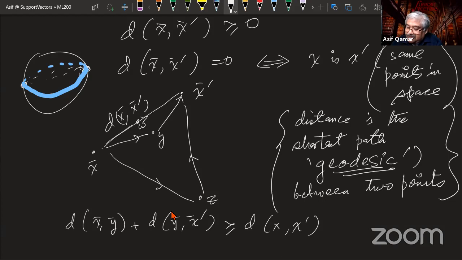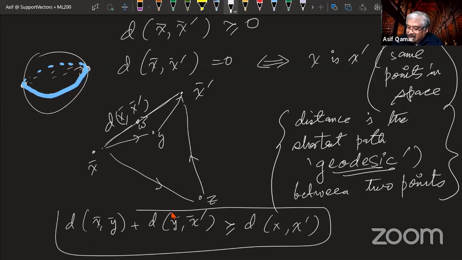If it is w, these two, x to w and then w to x prime, would equal this distance, in that situation. But in all other situations, this inequality will hold for any y value, whether y is here, or it is z, or it is w. Will this thing hold? Yeah.